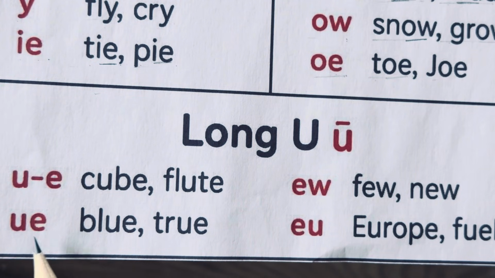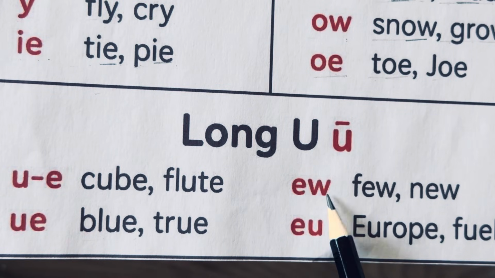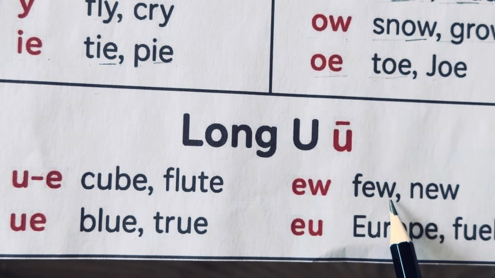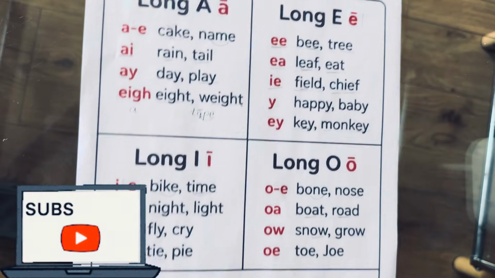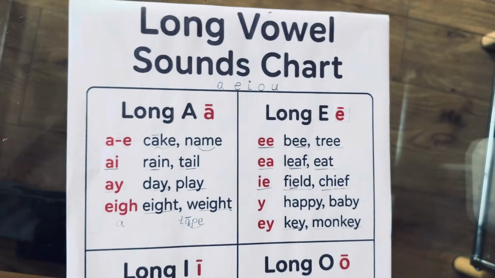U and E make the sound U, as in b, l, u, e, blue; t, r, u, e, true. E and W make the sound U, as in f, e, w, few; n, e, w, new. E and U make the sound U, as in Europe, fuel. So these are all the different spelling patterns that have the long vowel sounds.